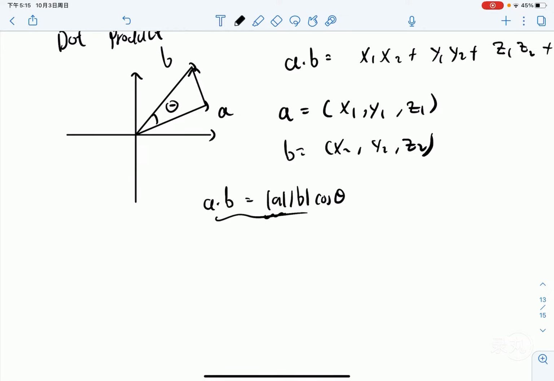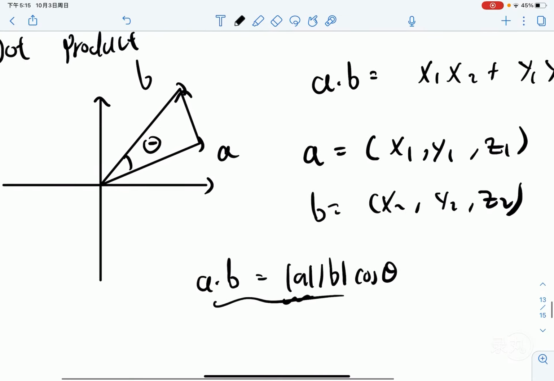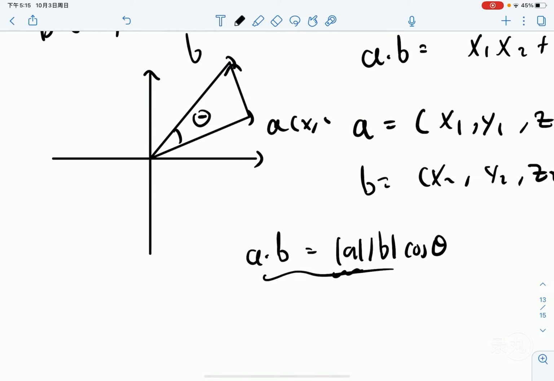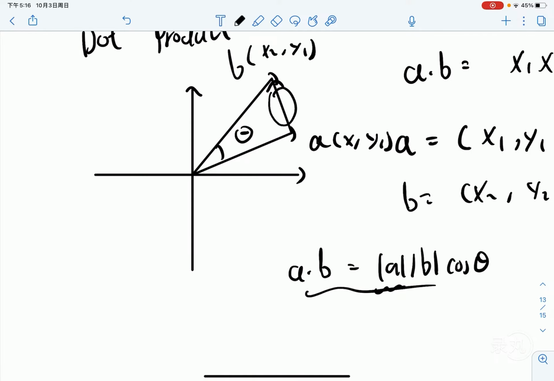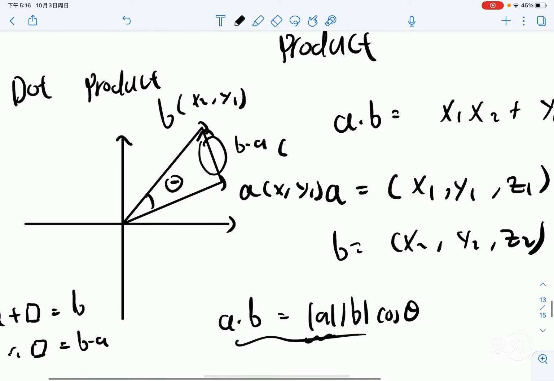So now we have, this is x1, y1, this one is x2, y2, and this vector, using the vector addition, this is a plus this is equal to b. So this is equal to b minus a, which is equal to x2 minus x1 and y2 minus y1.